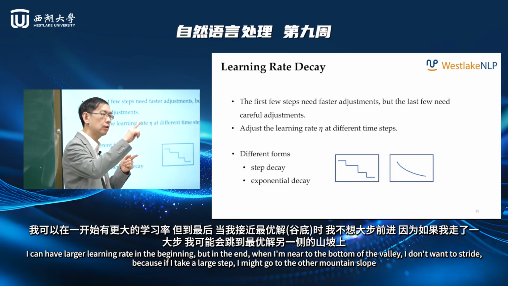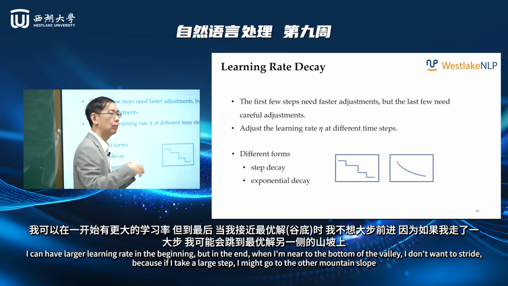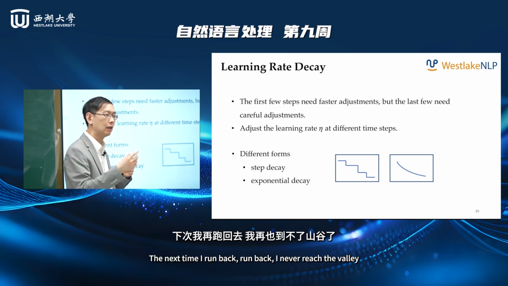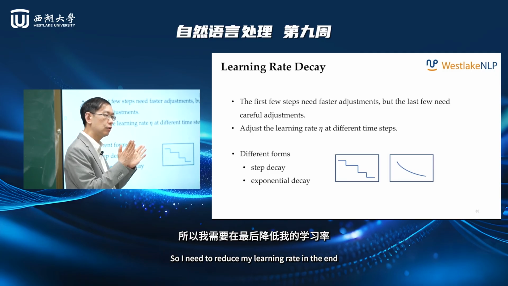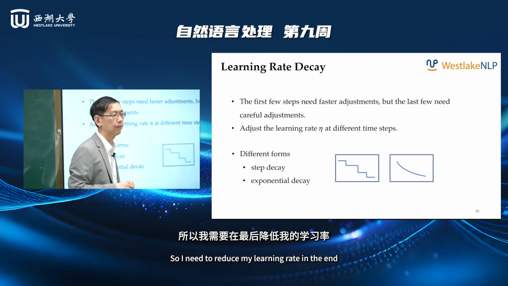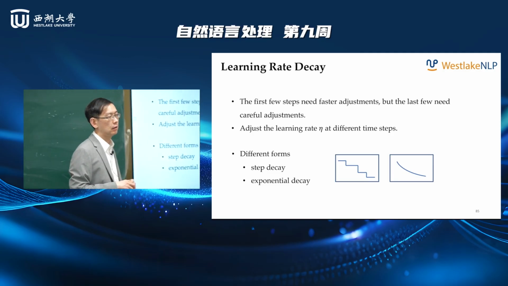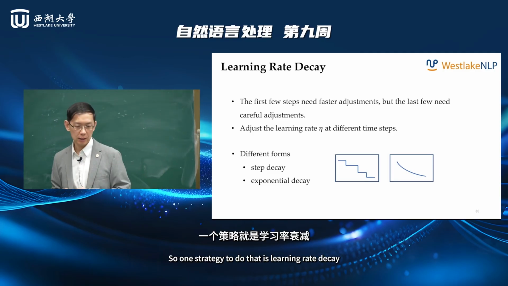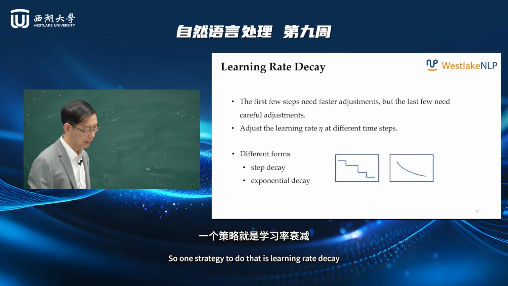Because if I take a large step, I might go to the other mountain slope, and next time I run back, and never reach the valley. So I need to reduce my learning rate in the end. So one strategy to do that is learning rate decay.